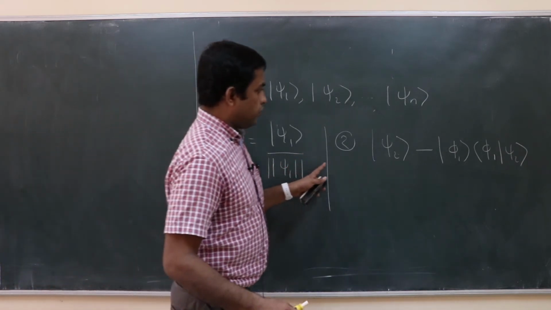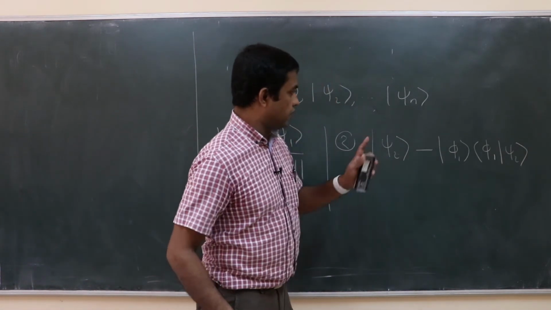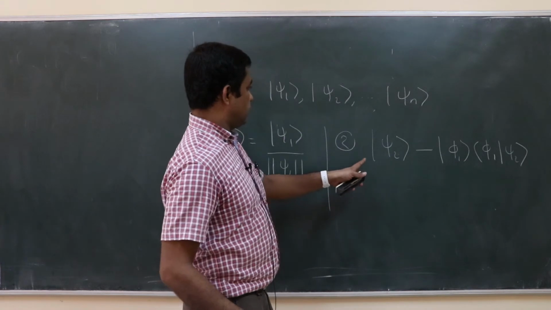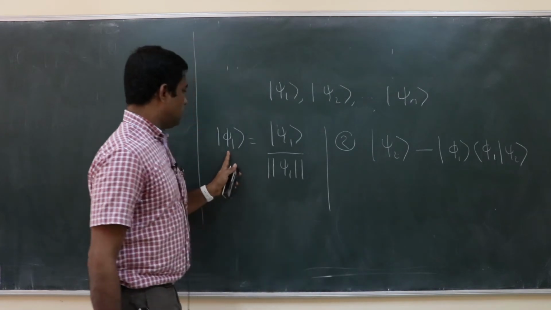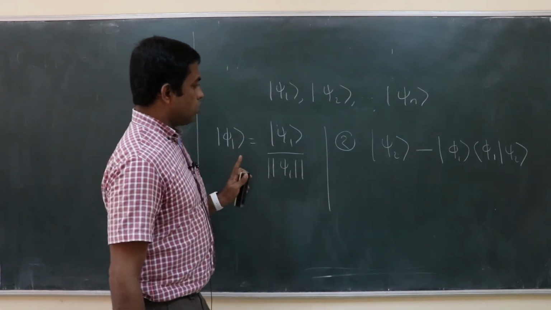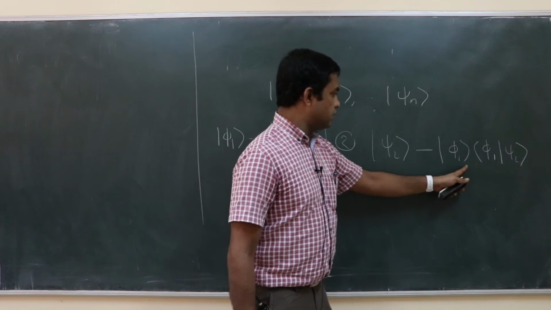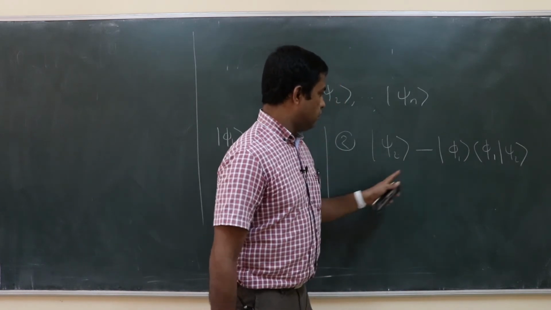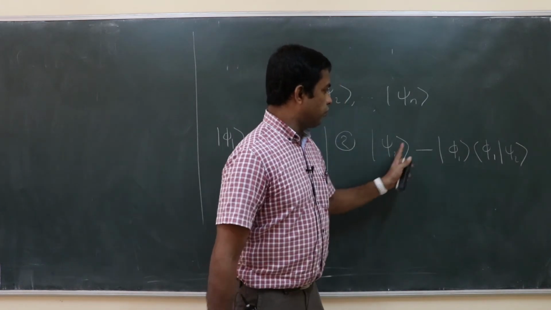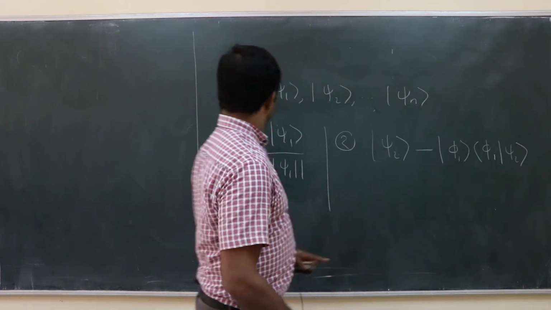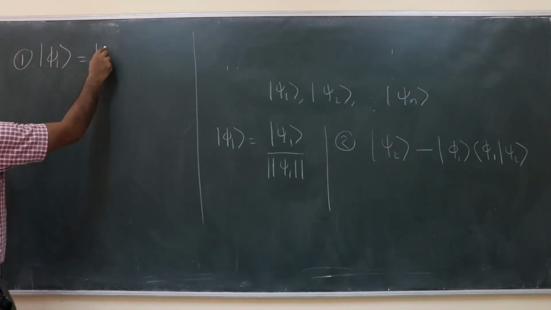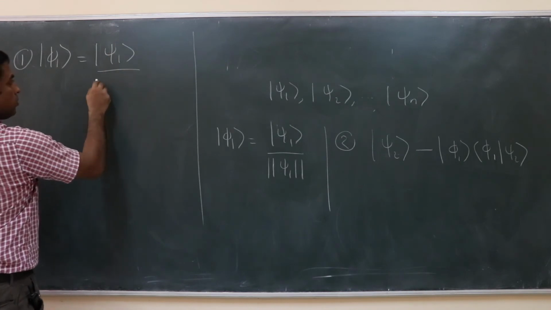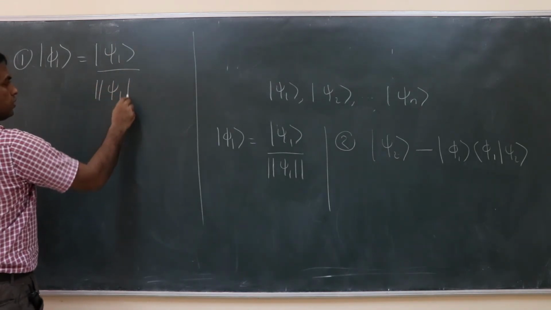Okay, let us find the norm of this vector. Basically the second one, ket psi2, you want to normalize it after making it orthogonal to ket phi1. For that you do this and divide by the norm of this vector. Let me write phi1 equal to ket psi1 divided by the norm of psi1.